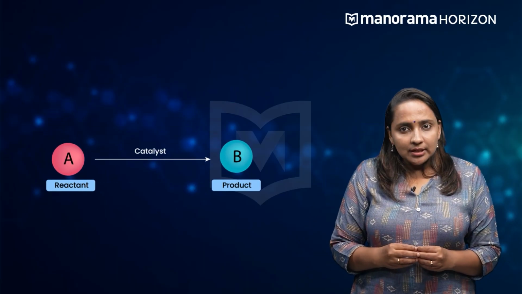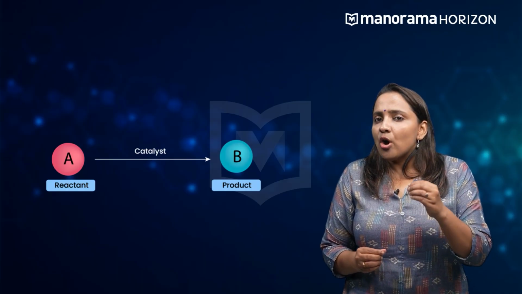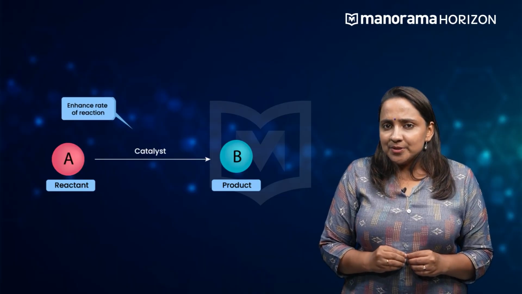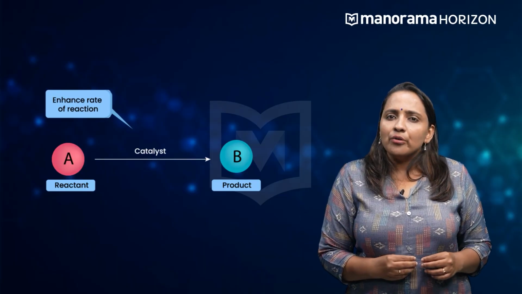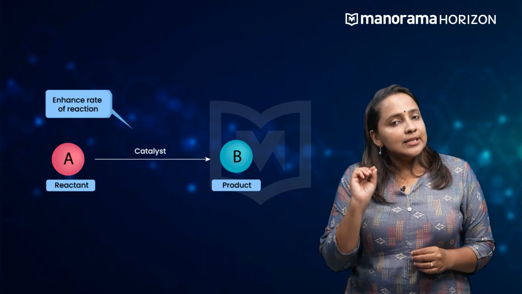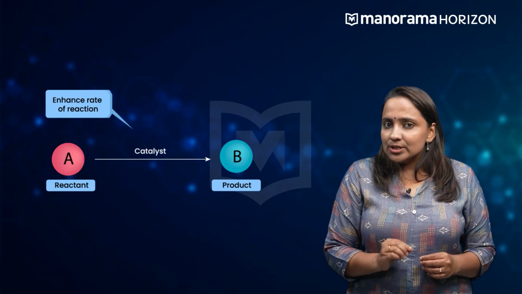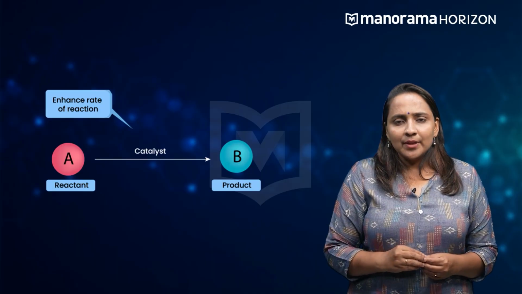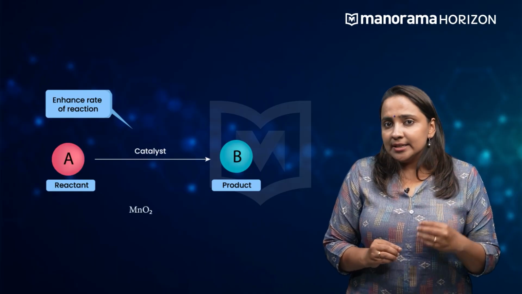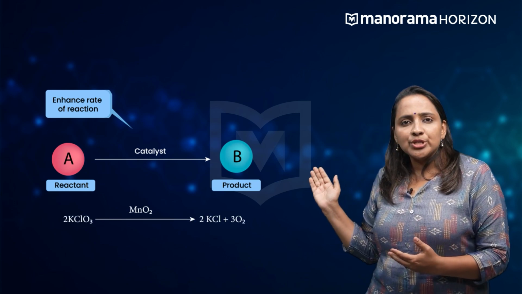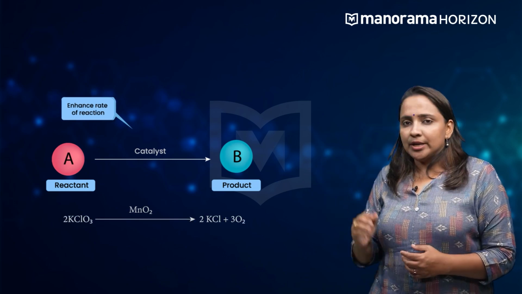As mentioned earlier, there are substances which can alter the rate of reaction, right? If the added substance increases the rate of the reaction and does not undergo any change by itself, then it is called a catalyst. For example, manganese dioxide acts as a catalyst in the decomposition of potassium chlorate.